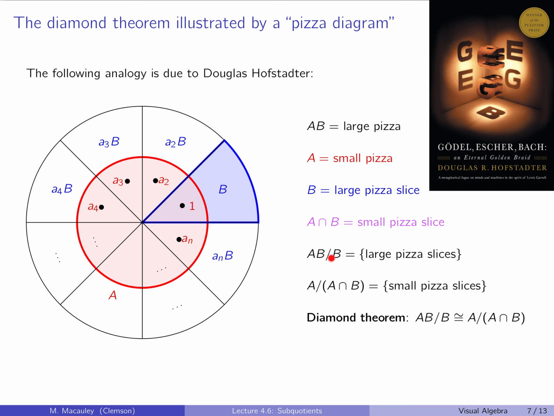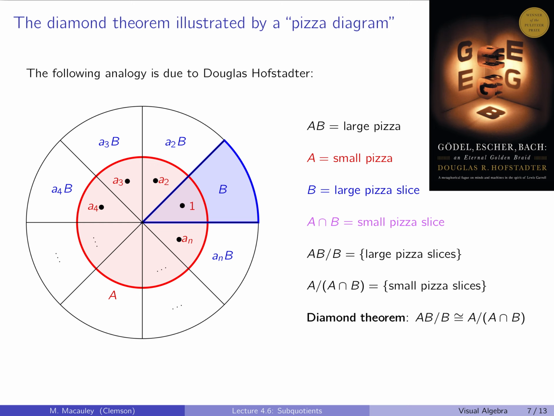So AB mod B is saying, let's take the big pizza, but mod out by slices. So the elements of this quotient group are the actual slices of the big pizza. And here you've got a group of, say, size 8.